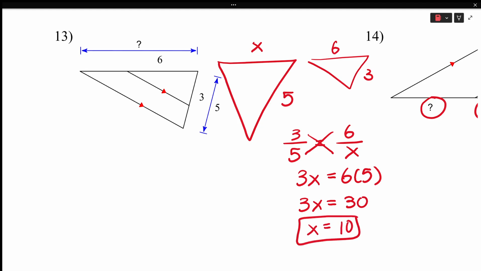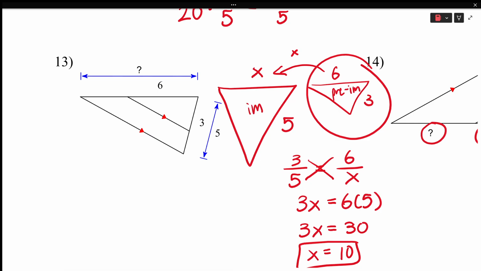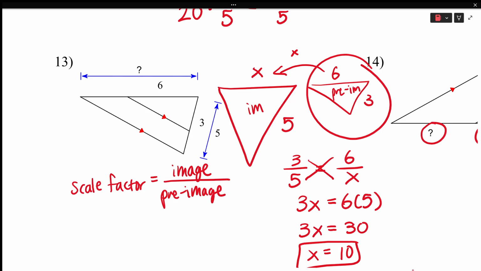That's your answer. Or you could do the scale factor method. We're starting from the smaller triangle, and we're going to take that 6, multiply by some scale factor to get your bigger triangle. So this is your pre-image, and this is your image. Right? The scale factor is always image over pre-image.